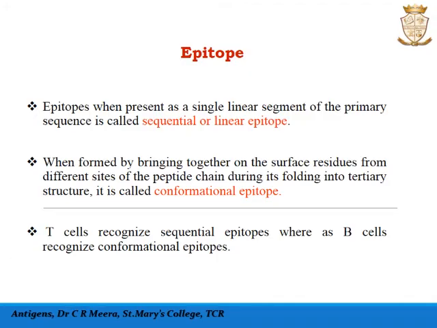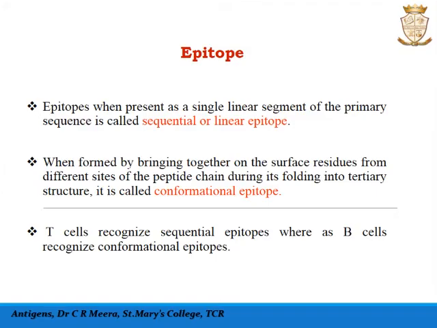When it is in a tertiary structure, it is called conformational epitope. In conformational epitope, surface residues are brought together from different sides by tertiary folding of the peptide chain. Usually, T cells bind to linear epitopes and B cells bind to conformational epitopes.